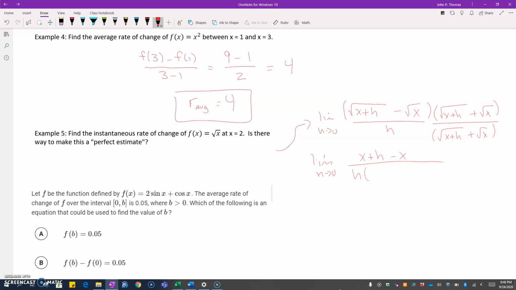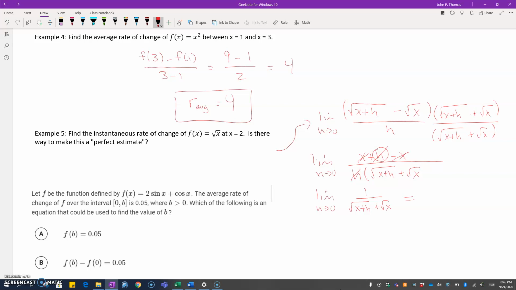In the bottom, I don't, so I'm going to leave that not multiplied out. It'll be easier for us. In the top, that simplifies to an h because the x's do cancel. At that point, the h in the top and the h at the bottom cancel. So I'm at limit as h goes to 0 of 1 over root x plus h plus root x.